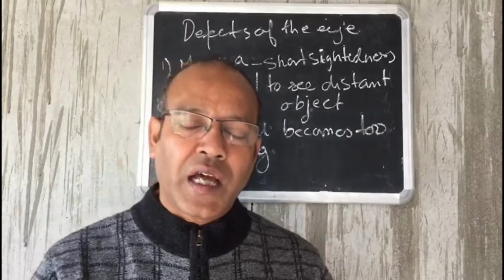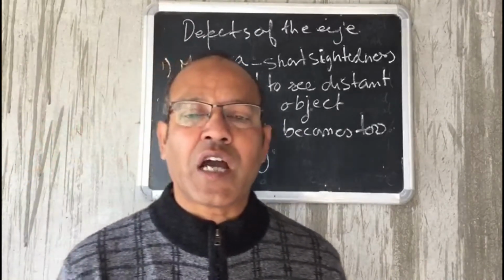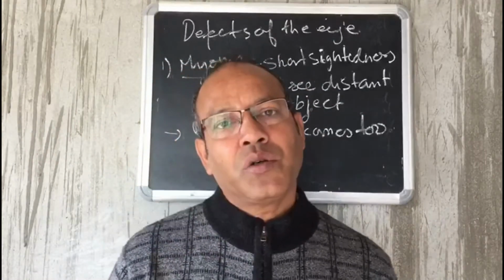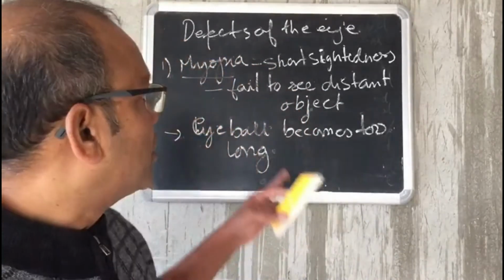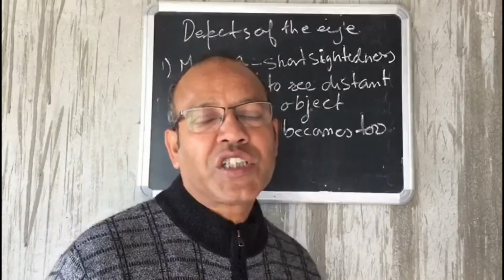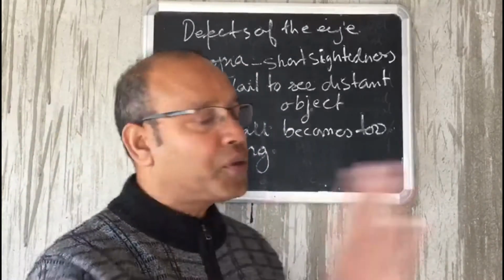That is why the shape of the eyeball has to be maintained. If there is any change in the shape of the eyeball, then it leads to a number of defects. So in this particular case, the eyeball becomes too long, because of which the retina is pushed back.